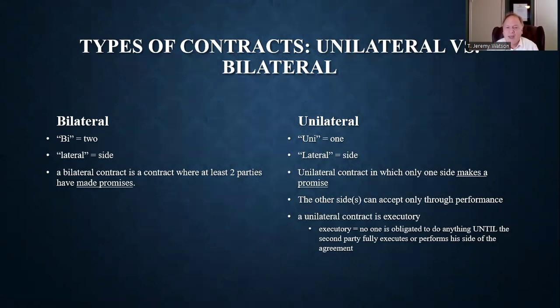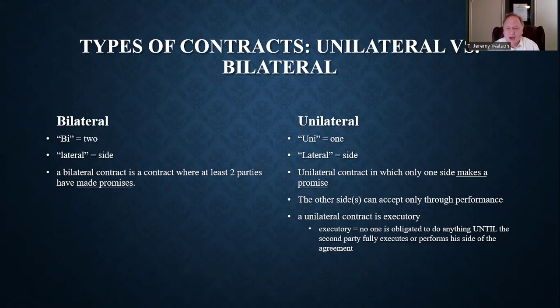And for this reason, we say that a unilateral contract is executory, meaning that since there's only one promise going one way, it can't be accepted by another promise. It can only be accepted by performance, by doing the thing that you were required to do.